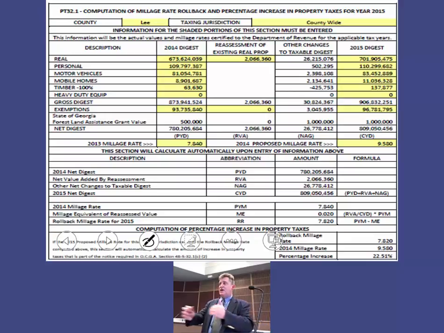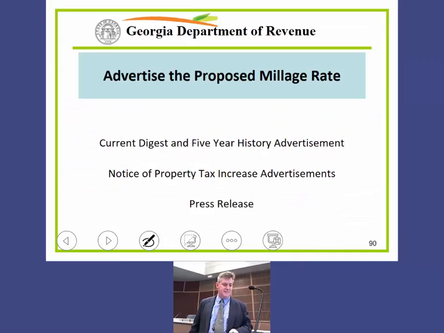I know it's a lot to try to understand, but it's important to remember if the current year millage rate exceeds the rollback rate, a tax increase is deemed to have occurred, and 3 public hearings have to be advertised and conducted prior to the adoption of the current year millage rate. And regardless of whether or not there's a tax increase, a current digest and 5-year history advertisement has to be done.